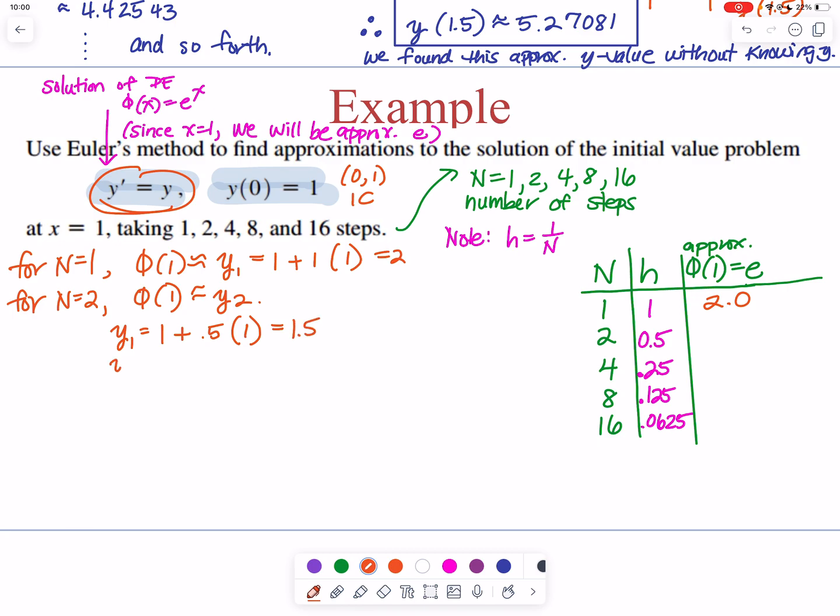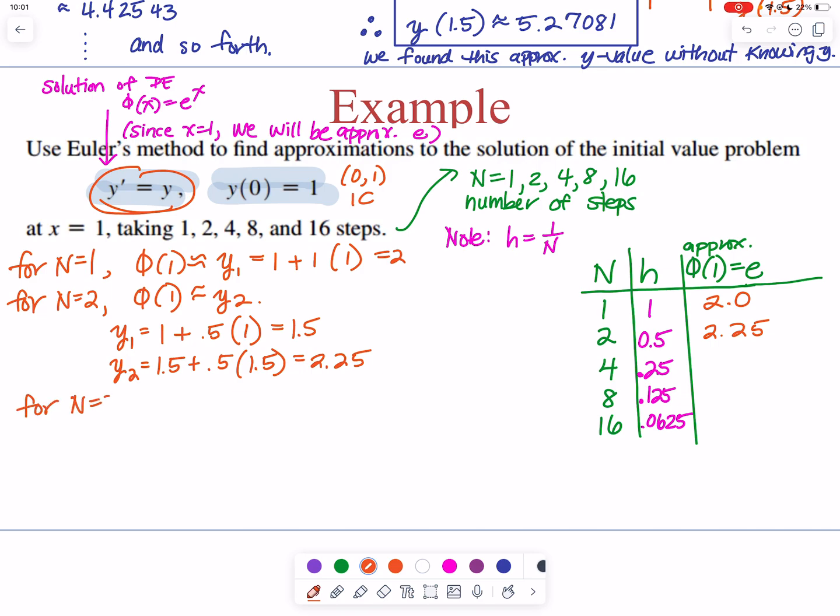Now we need to take one more step. That's our previous y value plus our step size, and now we need the derivative, which is exactly equal to the y value, and that's going to be equal to 2.25. So taking 2 steps, we're getting a little bit closer.